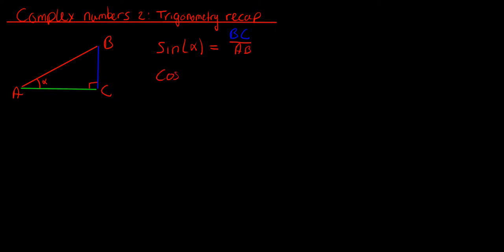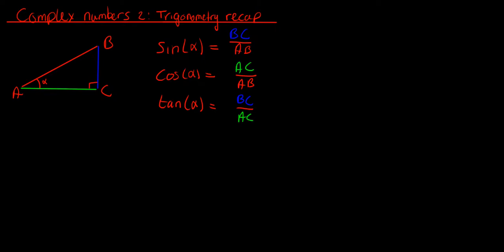The cosine of an angle is proportionate to the adjacent side, AC, divided by AB. And we also have the tangent function of our angle, which is the opposite side, BC, divided by the adjacent side, AC.